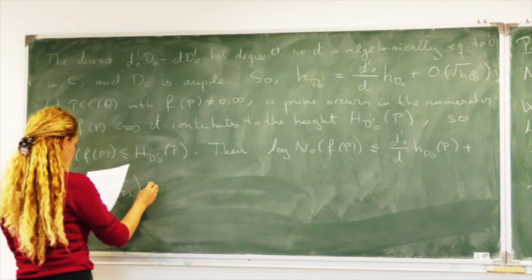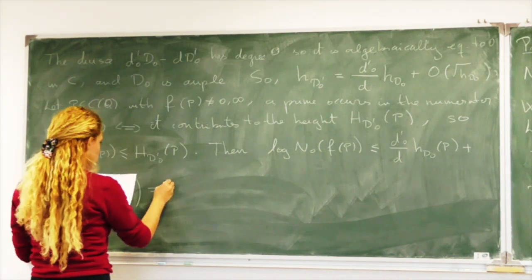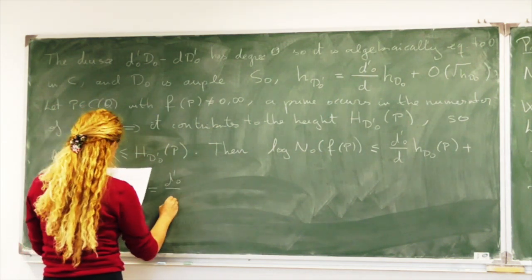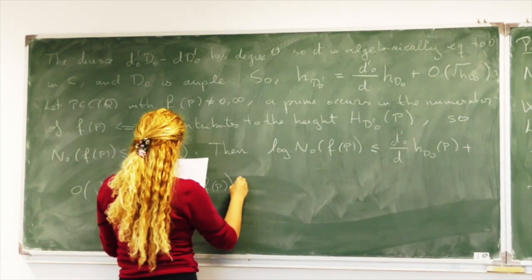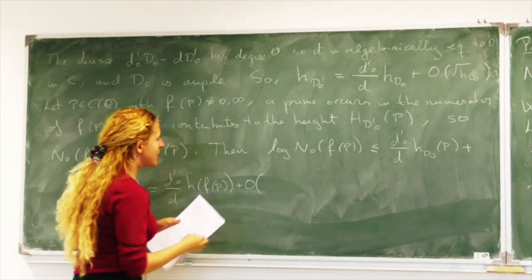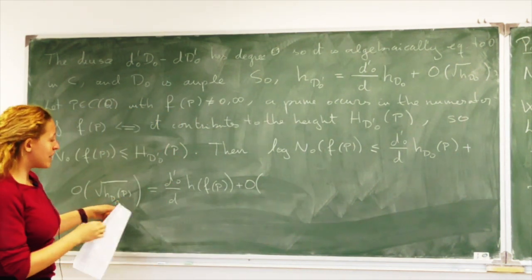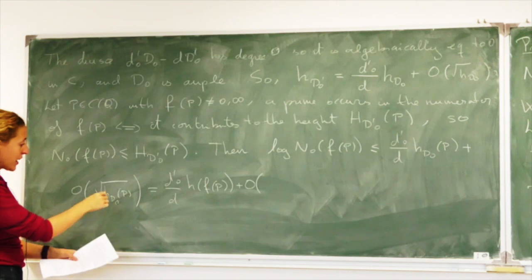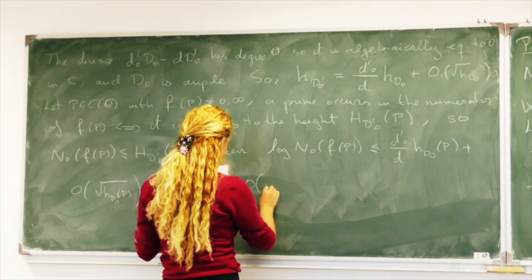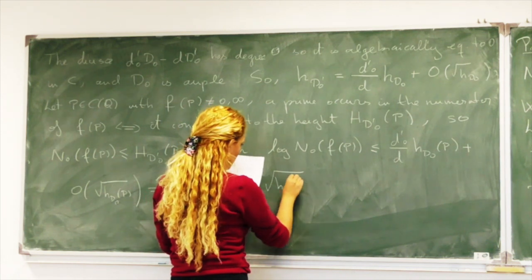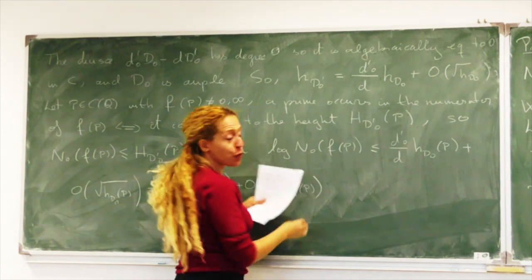And now we can rewrite this as follows. So the first term is the same thing. And this, we can rewrite it in terms of the height of the point, right? Okay, we are almost there.